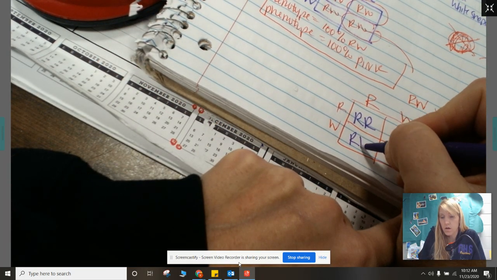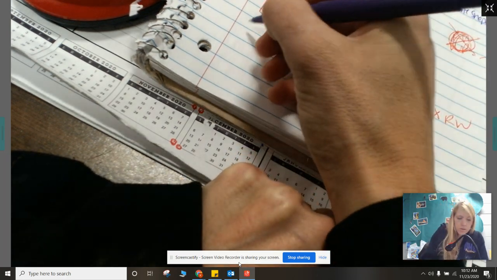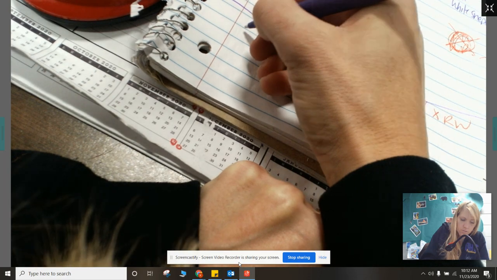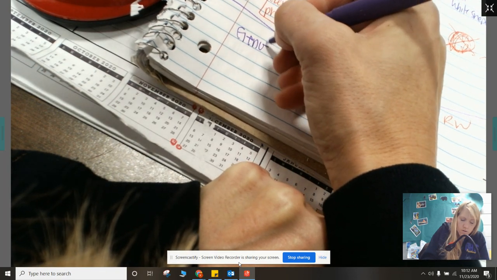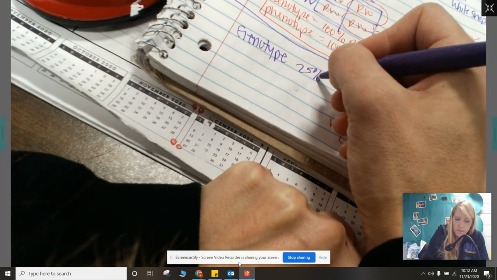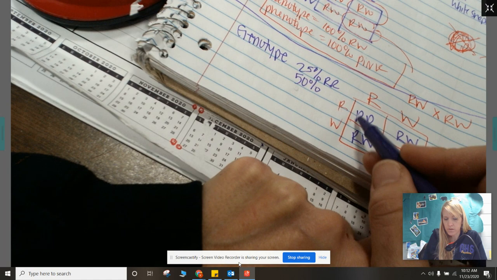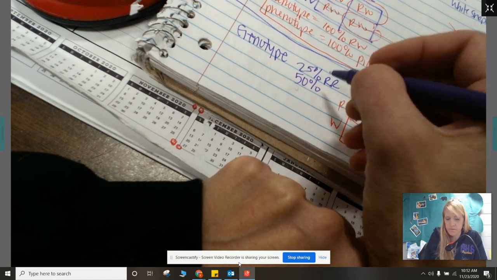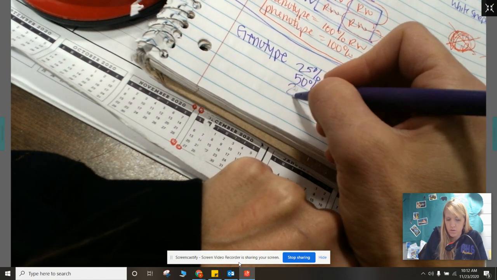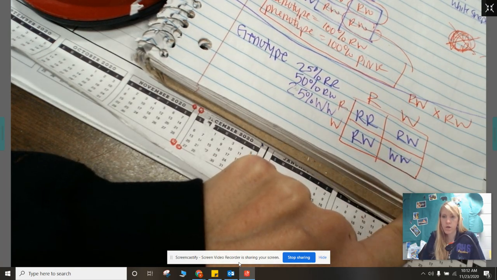RR, RW, RW, WW. So what is the genotype? 25% RR, 50% RW, because I'm just counting. 1 out of 4 is 25%. 25% WW. Okay, that's a genotype.